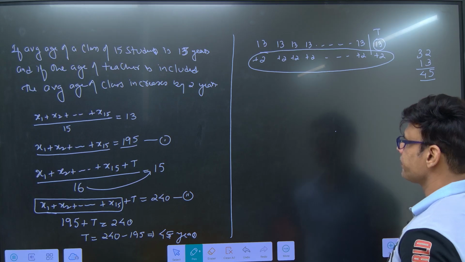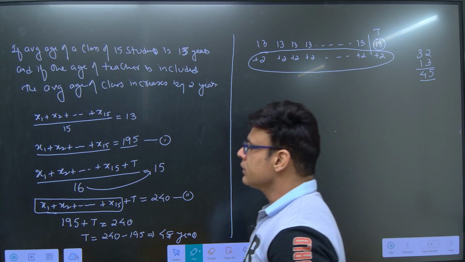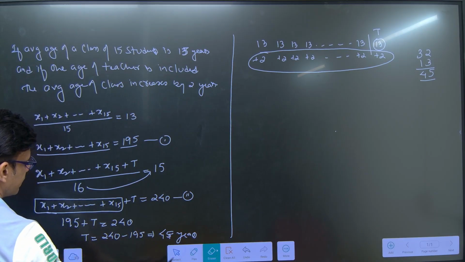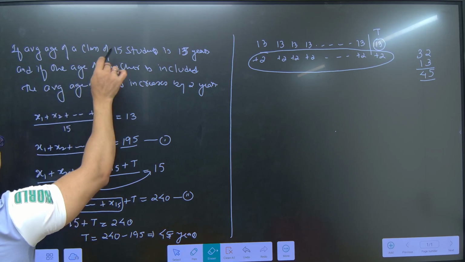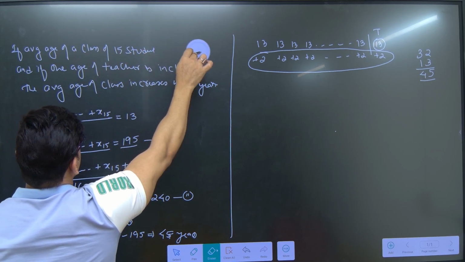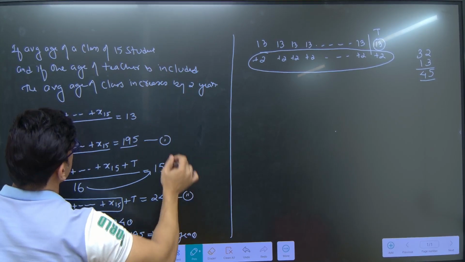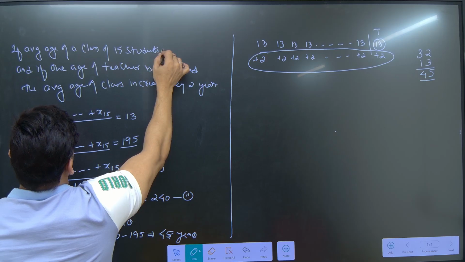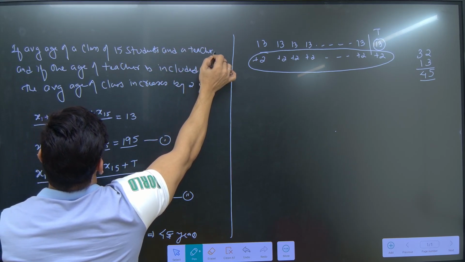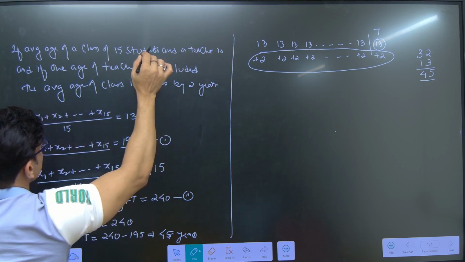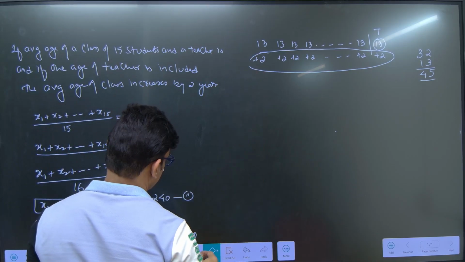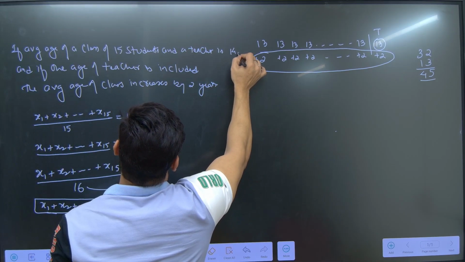Okay, done. In this case, a small change, right? The average age of a class of 15 students and a teacher is, let's say, 15 years.